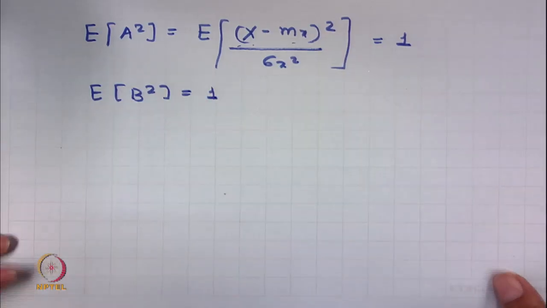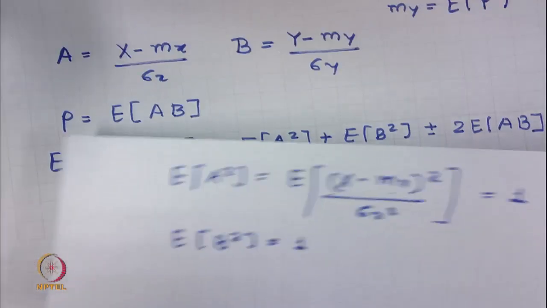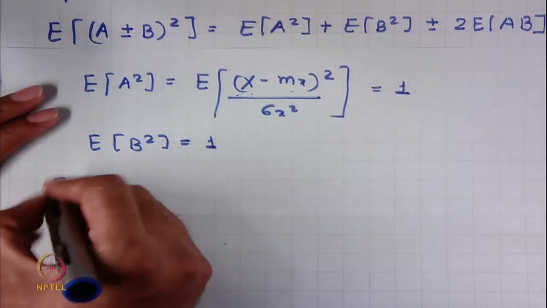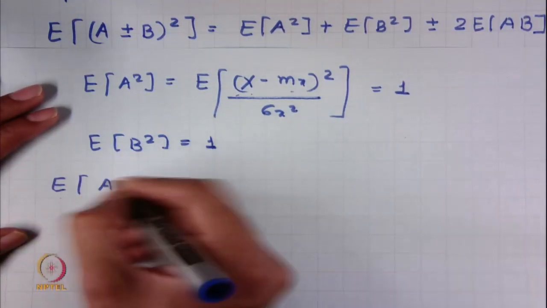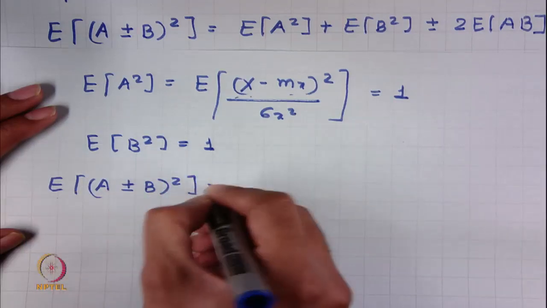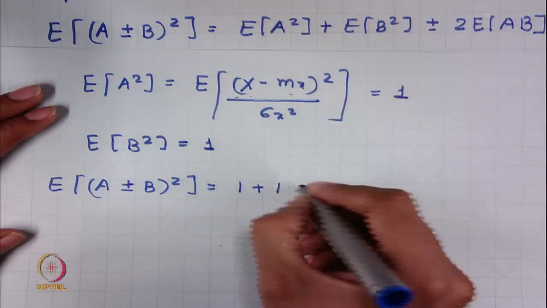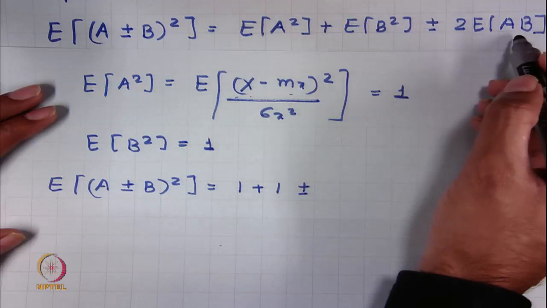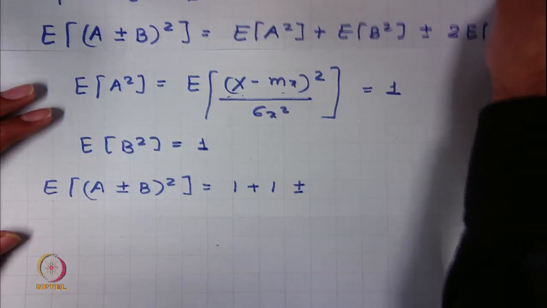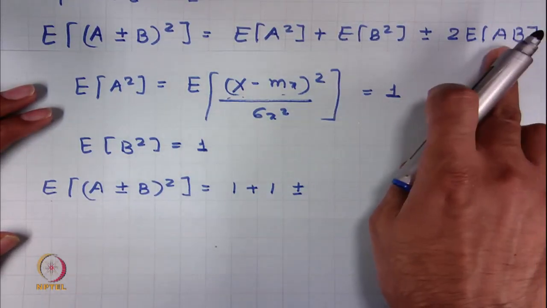Okay. So, I can write expected value of A plus or minus B whole square: expected value of A square is 1, plus expected value of B square is also 1, plus or minus 2 times expected value of A and B. And what is expected value of A and B?